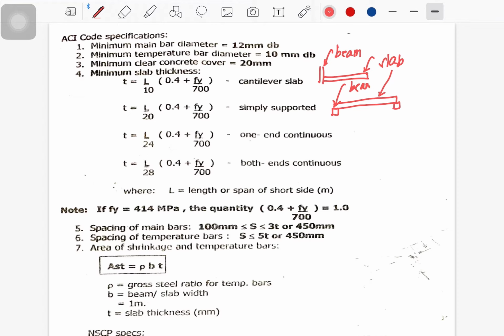Then one end continuous, so you have the slab, so at this point the slab is continuous. So from one span to the second span, that is continuous. Then both ends continuous. For both ends continuous, you have this one.